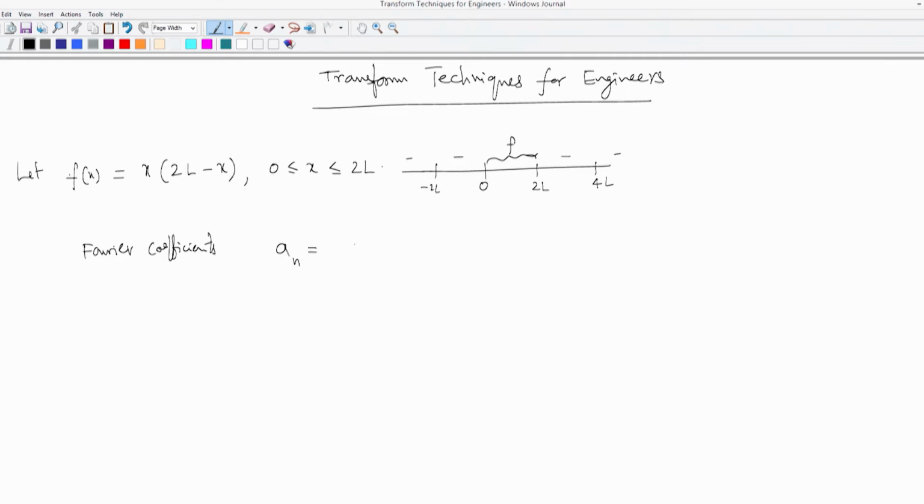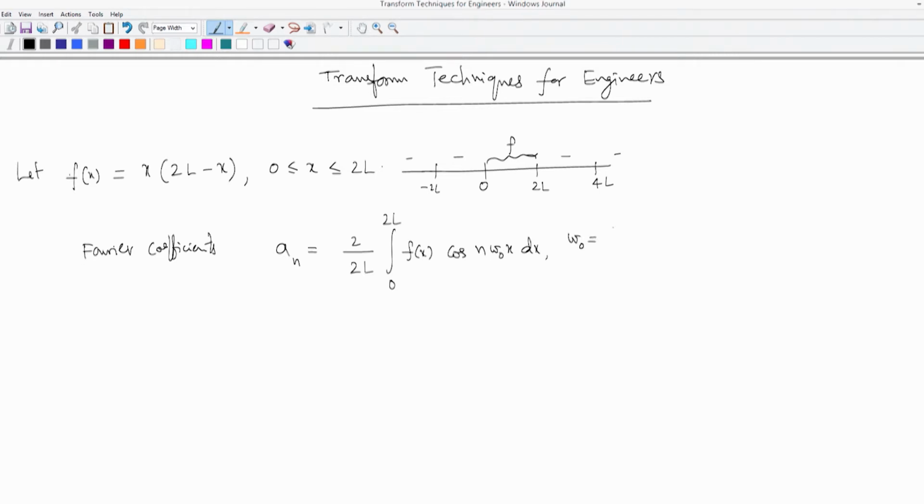They are 2 divided by the period. Earlier the period was L, but now the period is 2L. So you have the integral from 0 to 2L of f(x) cos(n omega naught x) dx. What is omega naught?